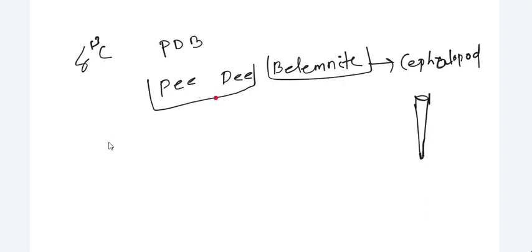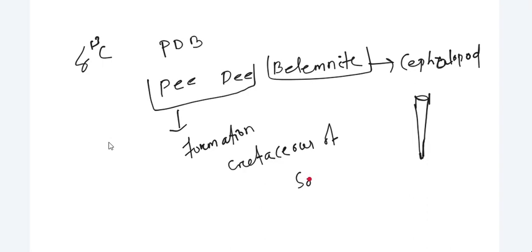PD is a formation, like a lithological unit. It is a formation of Cretaceous age of South Carolina. We named it the PD formation.